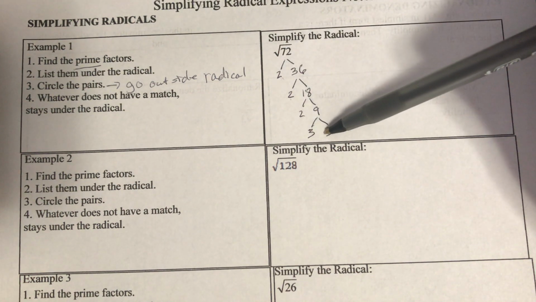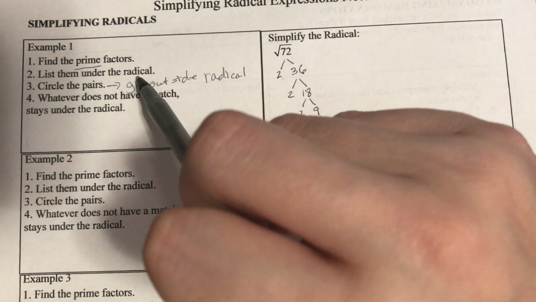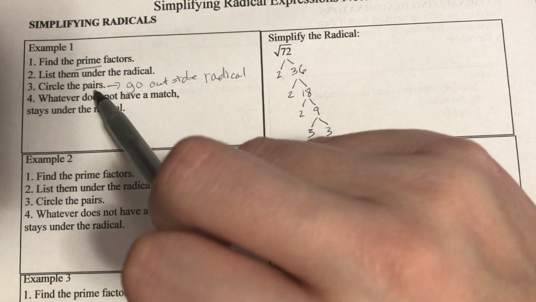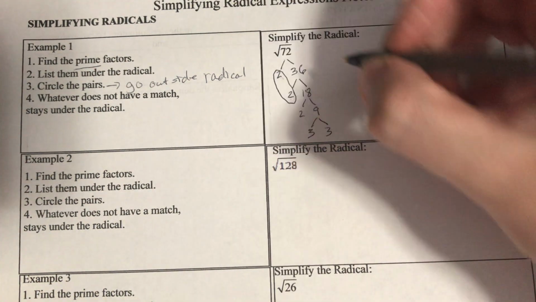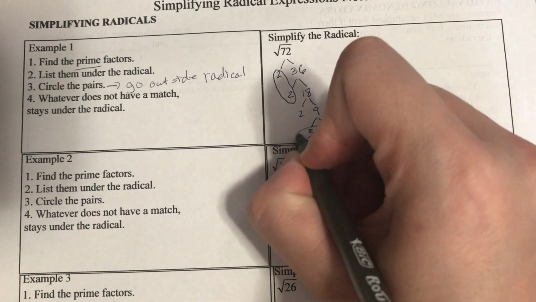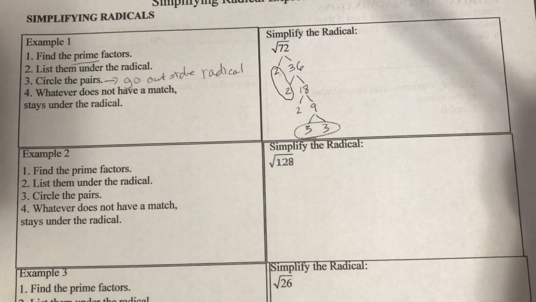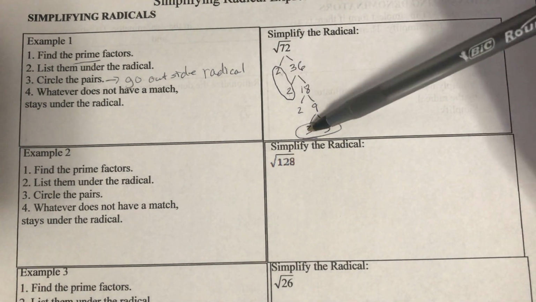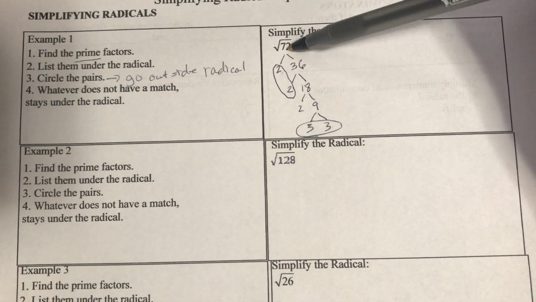We're going to look at these numbers on the outside. We already listed them under the radical. Now I'm going to circle the pairs. I can see I have a pair here, and I have a pair over here. What I'm doing is trying to figure out where my perfect squares are inside 72.